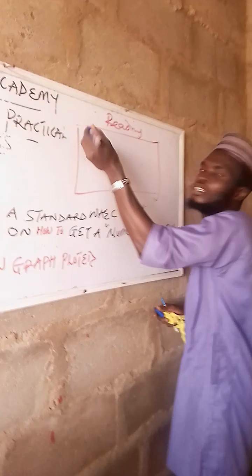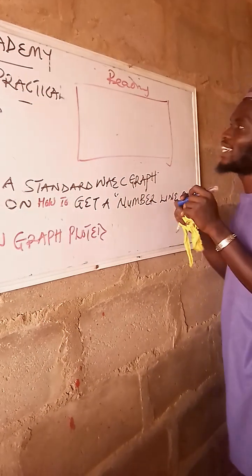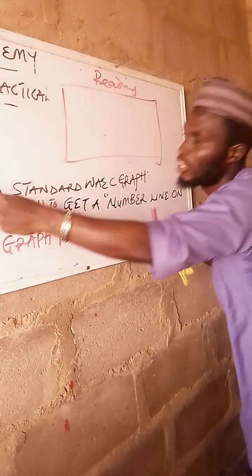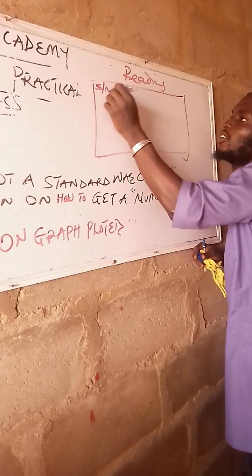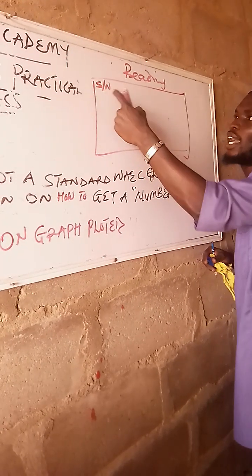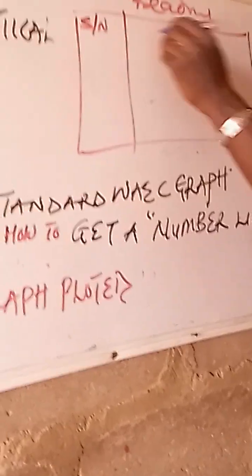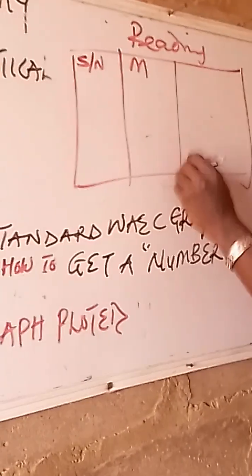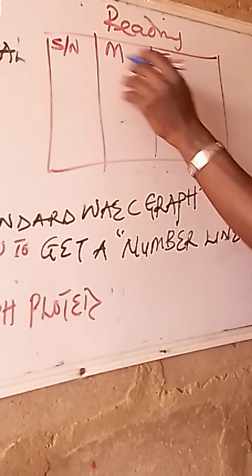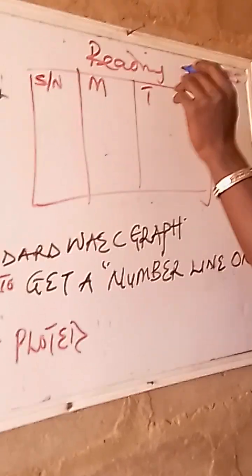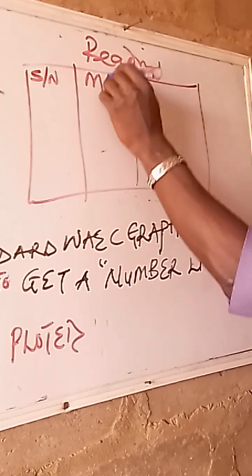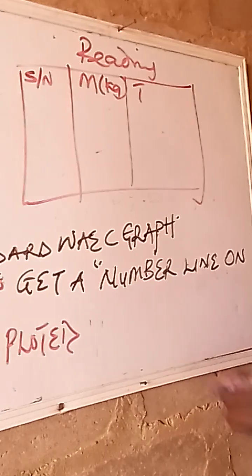Firstly, in order to do a very standard table, because that is the table we are going to use to plot the standard graph, you must start with serial number. S stands for serial, N stands for number. Secondly, maybe it is mass against T that you are given. I mean mass, M-A-S-S. Now you put kilogram here, that is the fundamental unit.